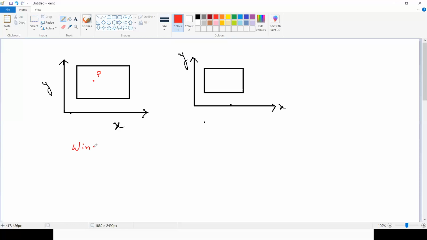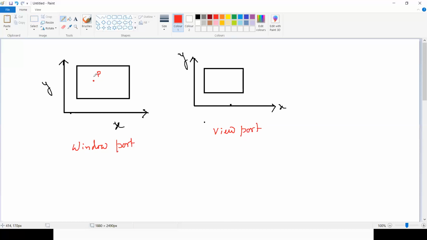The window port basically projects the image through the world image by using the world coordinate system, and this is called the viewport. The viewport basically displays the image by using the device coordinate system. So there are two ports, one is the window port and another is the viewport.